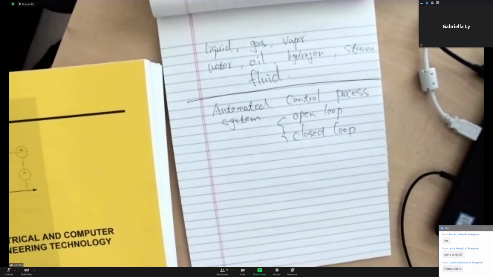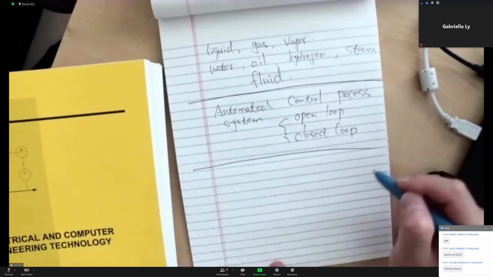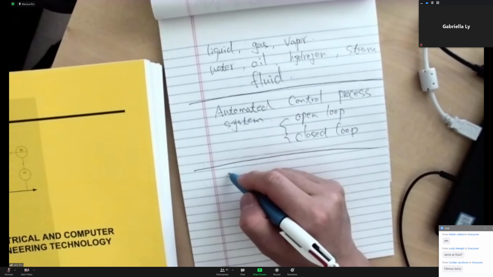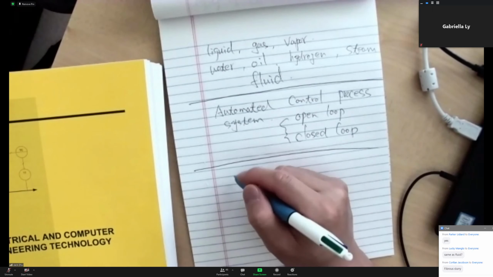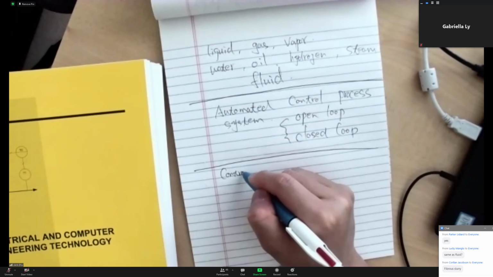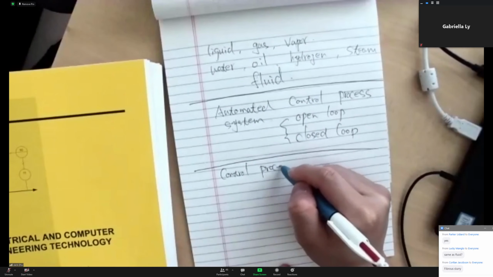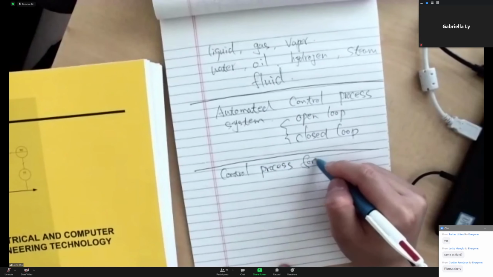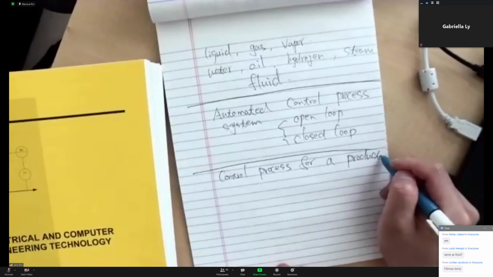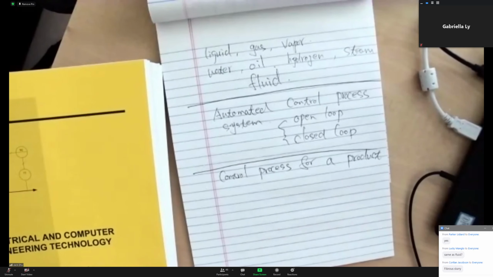And one more thing is the control process for a product. You might try to make something or build something. That's the purpose of most industrial processes, right?